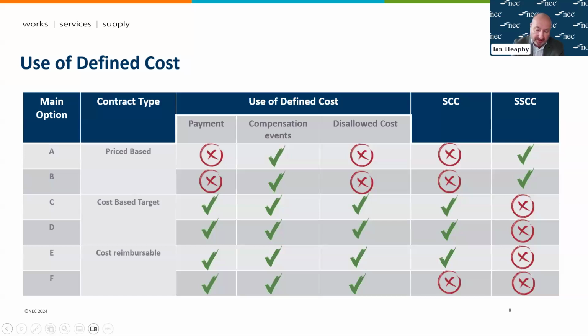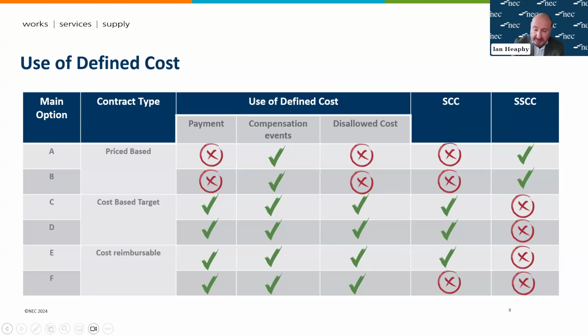In addition, in main options C, D, E, and F, defined cost is also used as the basis for payment, assessing the price for work done to date. And it's those main options where cost assurance, validation of accounts and records becomes key, because that is the basis on which we will reimburse the contractor for the work that they do.